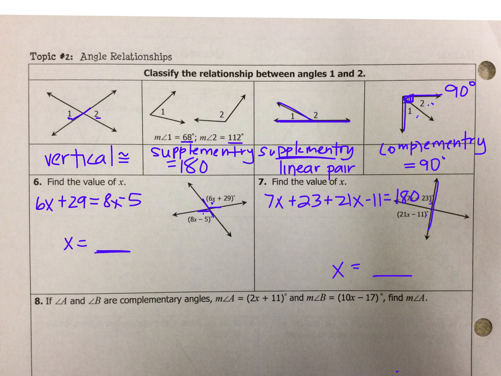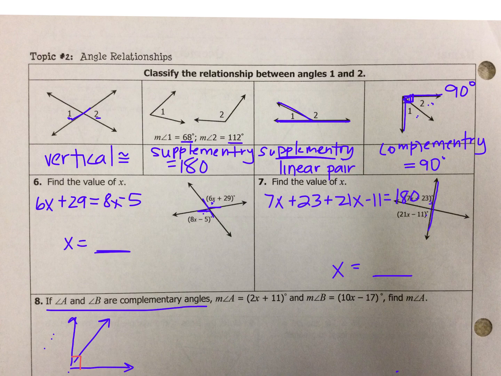This last one, number 8, that we're going to do, angle A and angle B are complementary angles. Well, we know that complementary angles add up to 90 degrees.